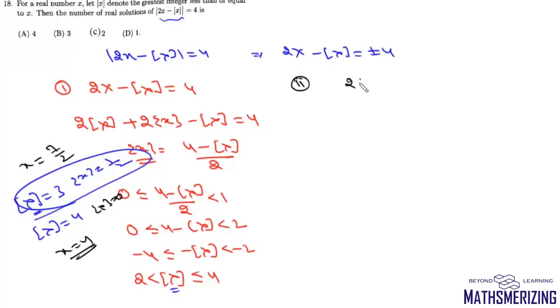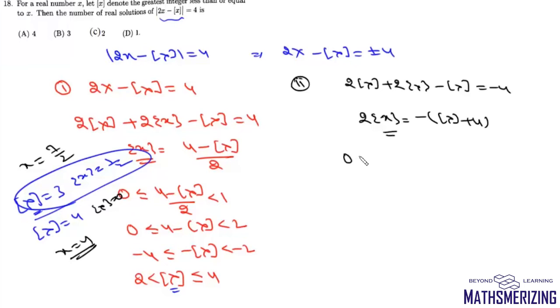Now here again, we can write 2 times greatest integer function of x plus 2 times fractional part of x minus greatest integer function of x is equal to minus 4. We'll get 2 times fractional part of x as minus greatest integer function of x plus 4. Now again, it'll lie between 0 and 1, so it'll be 0 and then minus greatest integer function of x plus 4 divided by 2, and it should be less than 1.